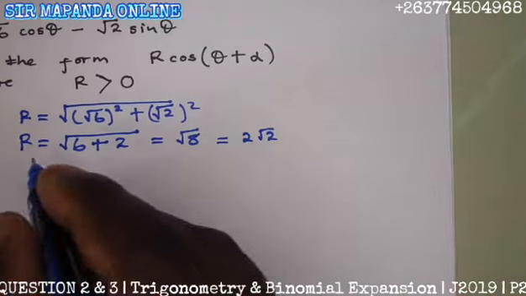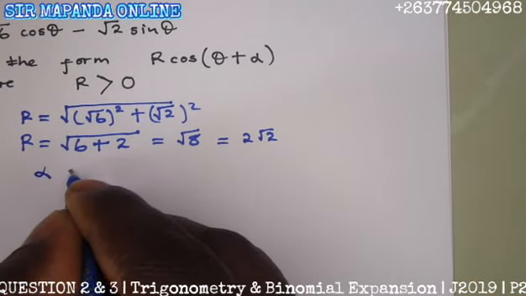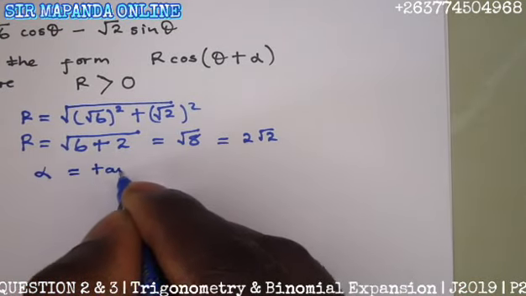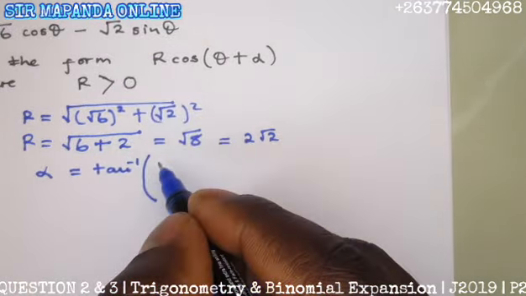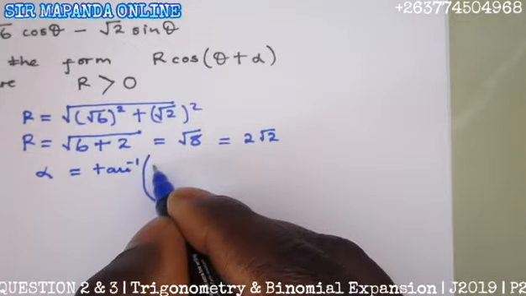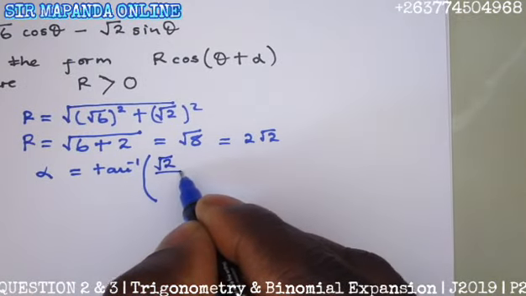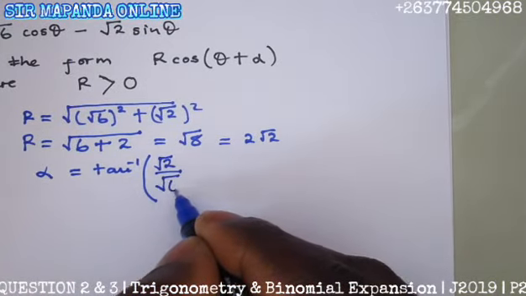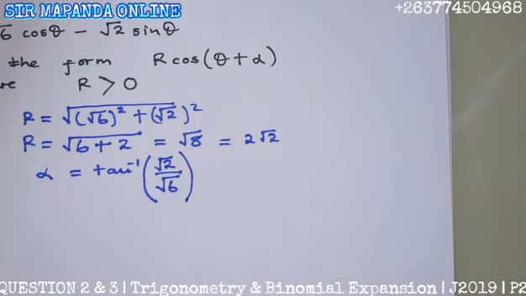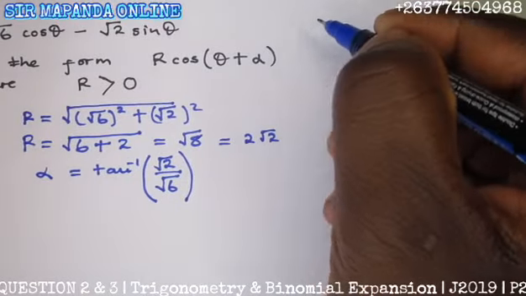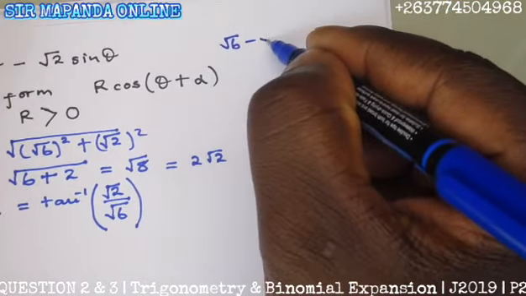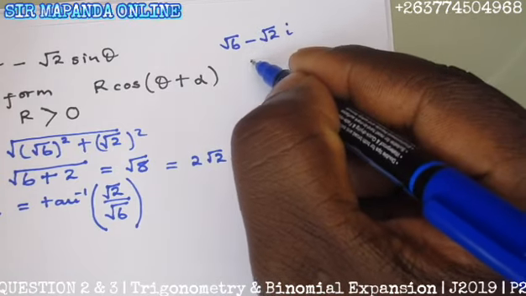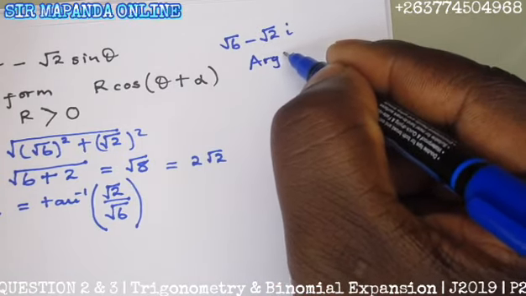Right. Then to find alpha, you say arctan of root 2, you ignore this negative sign, so you take root 2, you divide root 2 with root 6. I hope you are following. But when you are dealing with complex numbers, let's say you have root 6 minus root 2i, then you want to find the argument.